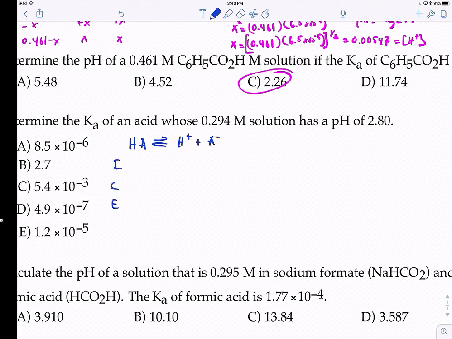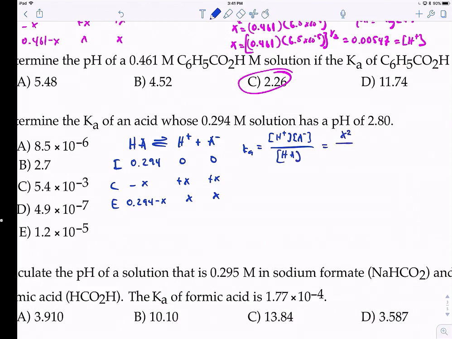Initial, change, equilibrium: 0.294, 0, 0, shift right, 0.294 minus x, x, x. So your Ka is hydrogen ion times anion over acid, which is x squared all over 0.294 minus x. But what is x equal?